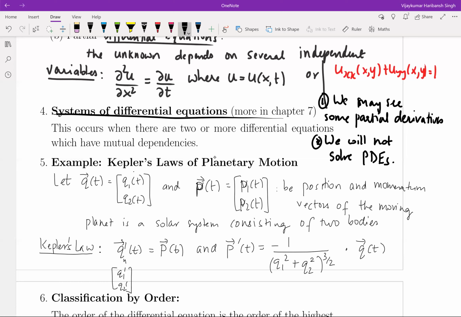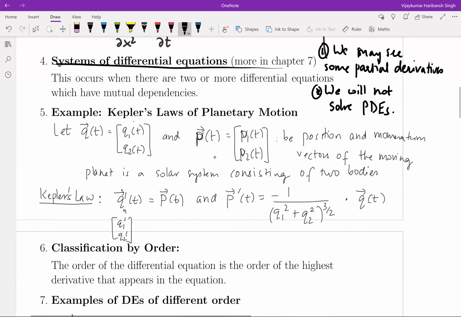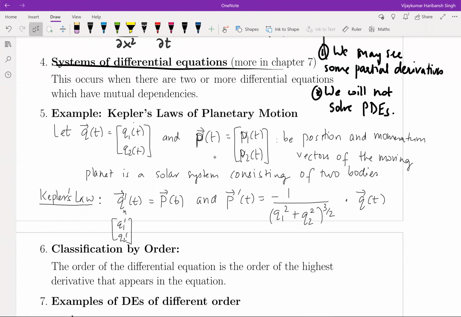If you do MATLAB 316, when you try to plot the solutions to this numerically, you'll find a very nice ellipse coming out of it. We'll see this in more detail when we are doing chapter 7, but for now we are just introducing it. So this is good enough as an introduction.